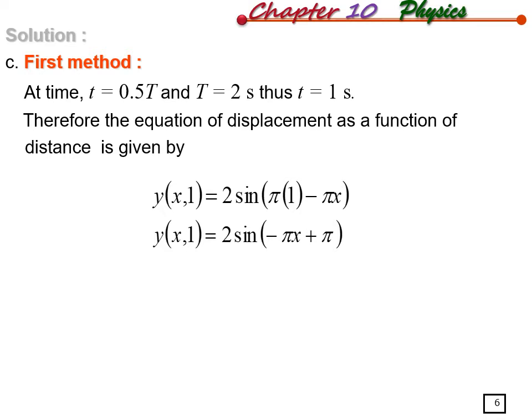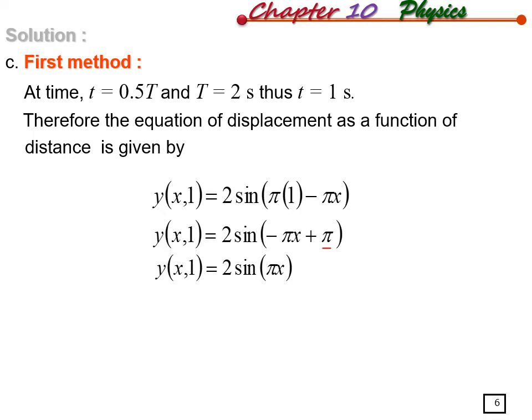When you have the value of plus π here, that means we have an initial phase which doesn't start with 0. So this means you will have a starting point over here.